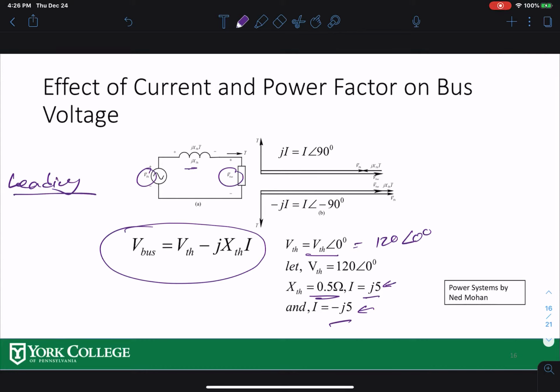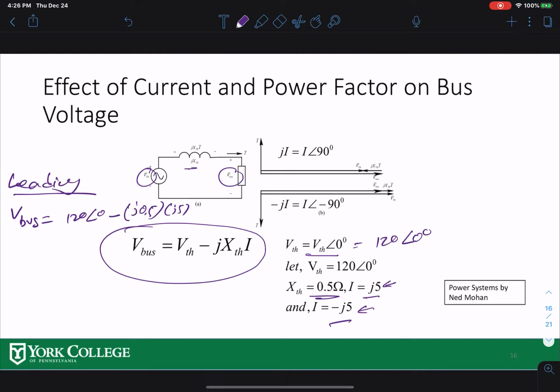So the current is leading, so your bus voltage would be 120 at 0 degrees plus j0.5 for the inductive reactance, times j5. So this is negative here.